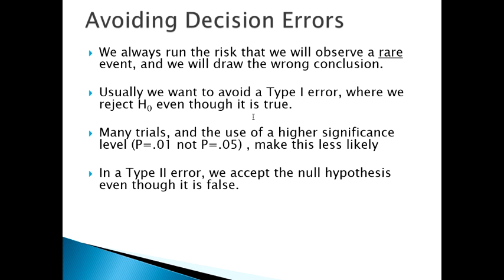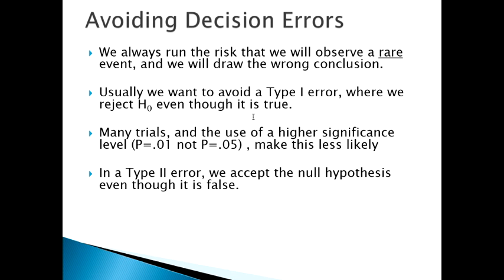We have two types of errors that you might make. So you could have a type 1 error where you reject the null hypothesis even though it might be true. Usually then you would have many more trials or many more data added, and that tends to make that possibility less likely.